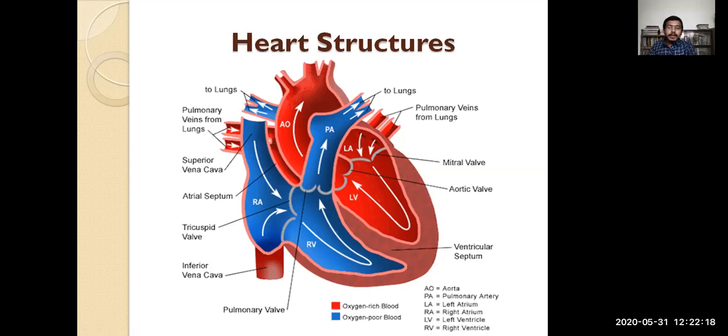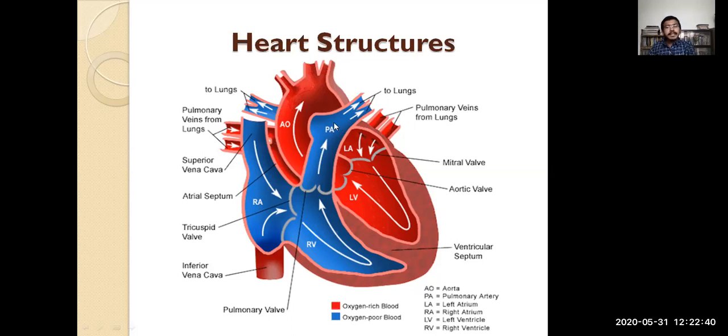At the time of its contraction, there will be the closure of this tricuspid valve, so that the blood from the right ventricle won't be taken again in the right atrium, whereas this will be drained in the pulmonary artery by the opening of these three semilunar valves of the pulmonary artery.